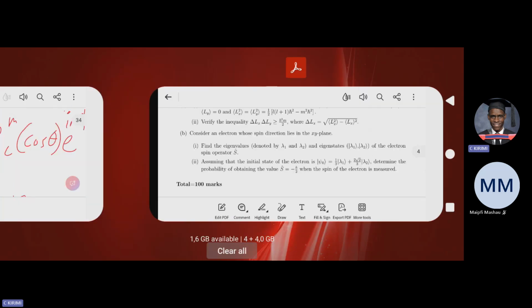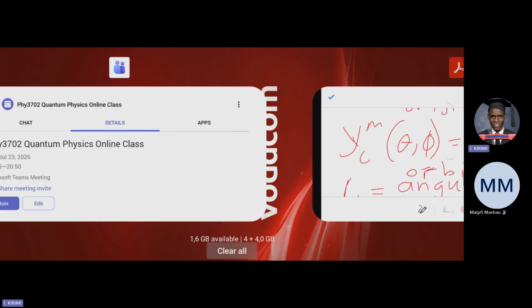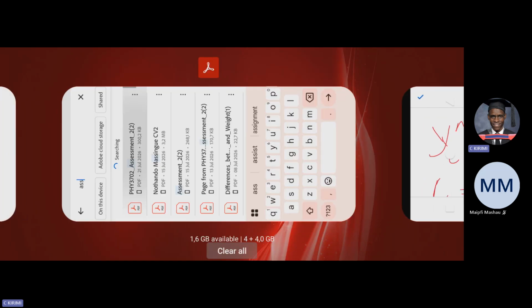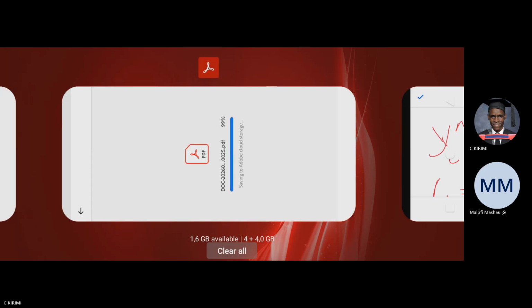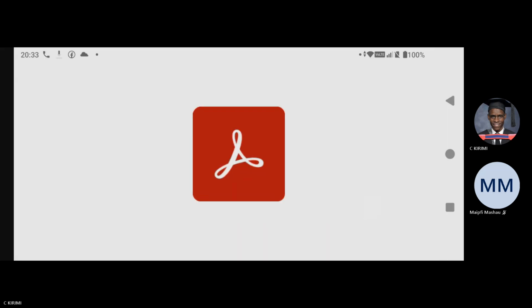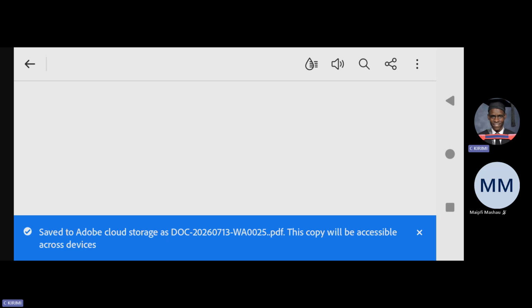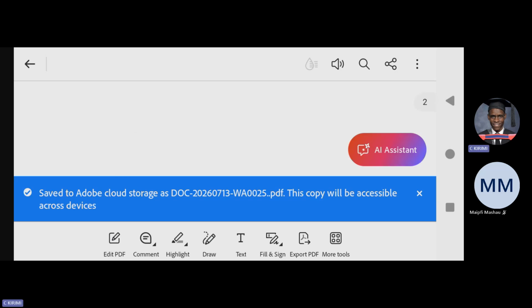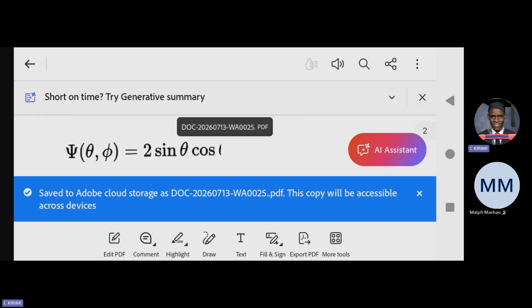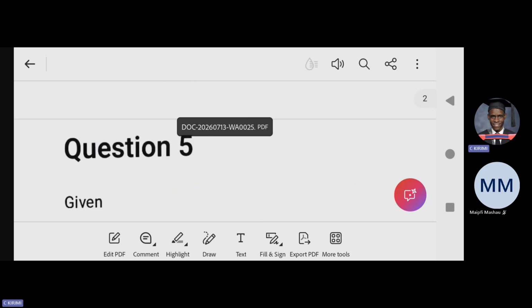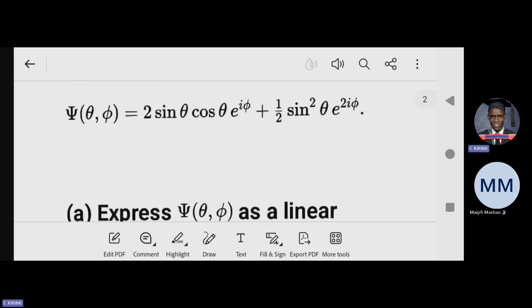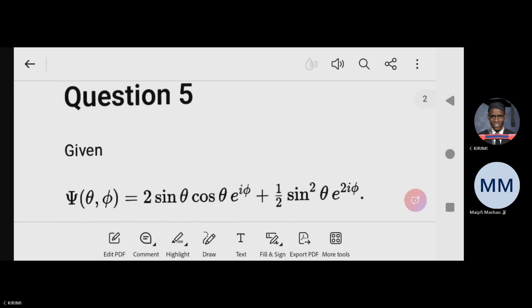Number 5. So this is the question for number 5. We are given that function for number 5.